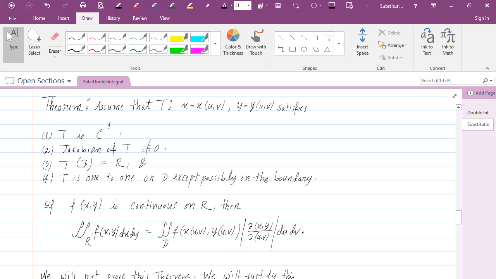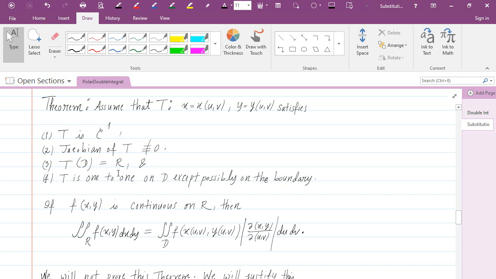That is, if we are substituting x, y with u and v via the mapping T, then the new integrand would be given by this, and the new region of integration D is given by the inverse of T applied to R.